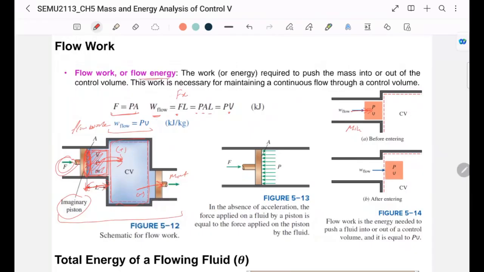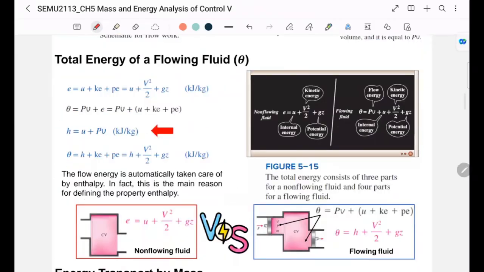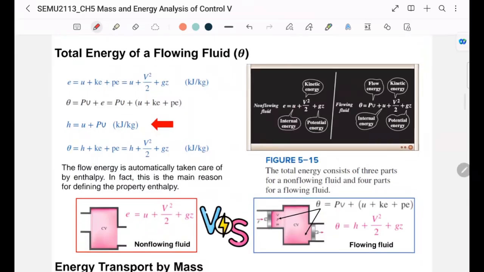But this energy is really in terms of work, because it doesn't involve a change in temperature. It's not heat for sure, so therefore it's a work. But that is not the total energy of a flowing fluid.